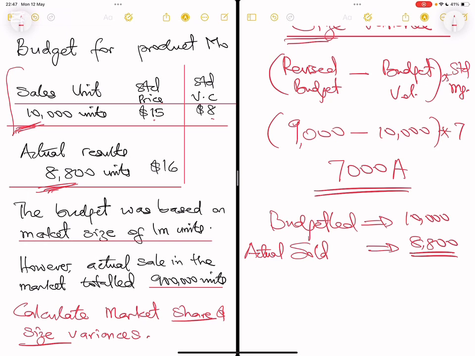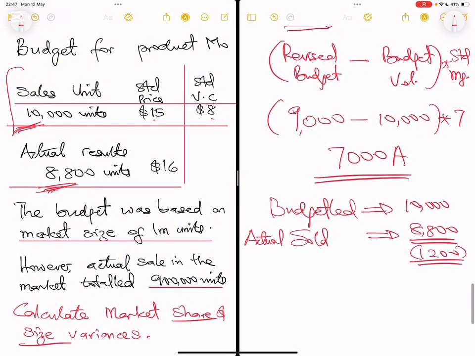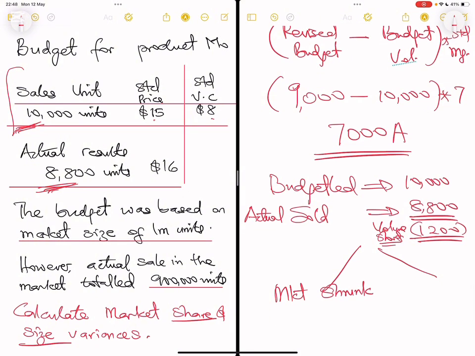And what we are saying is that this deficiency of about 1,200 that we are not able to make can be explained due to two things. We are short by this volume. Number one is the fact that market shrunk. Because market shrunk, we had adverse of 7,000. So this is actually the major reason. That's a lot, 7,000.